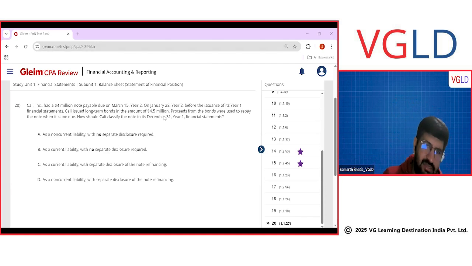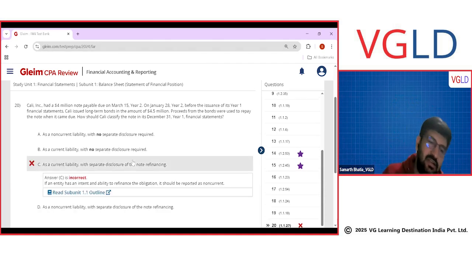Option C. So let's try option C first. It's not a correct answer, guys. They are not clearly saying that these notes are refinanced with the long-term bonds, but ultimately this $4.5 million of bonds we have issued, and the notes we have are going to be refinanced with these long-term bonds.